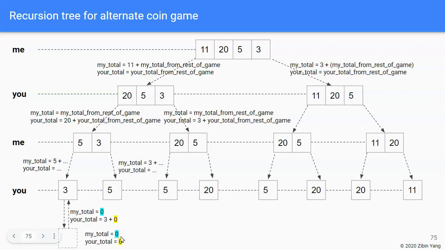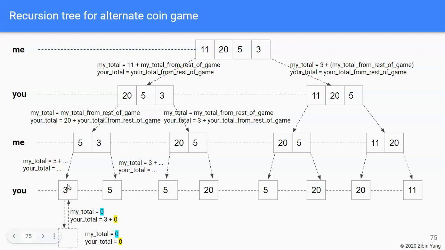So then the recursion is done, and the values are going to be propagated back up the recursion tree. So what happens here is, when my total is 0, that number is going to be propagated up the tree. And so my total up here is going to be 0 because, well, I'm not picking any coins here and there are no coins left. So I'm just going to get 0, right? Now, the same thing, when there are no coins, then your total is going to be 0.